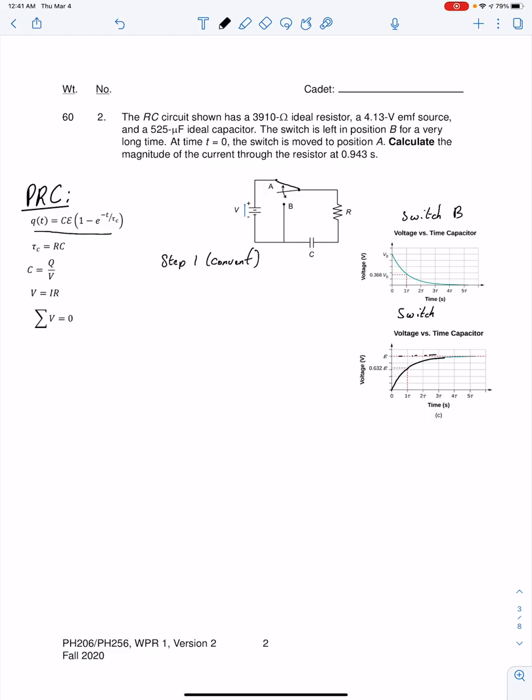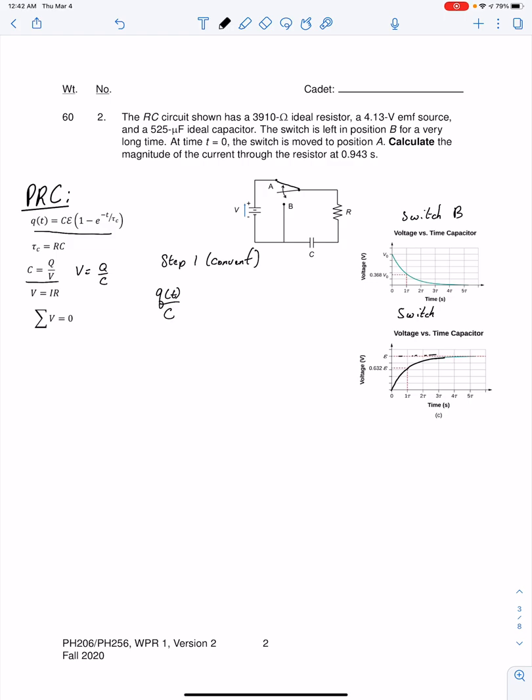If you want to jump ahead, by all means, but just in case, using this equation where voltage equals Q over C, which is charge over capacitance.